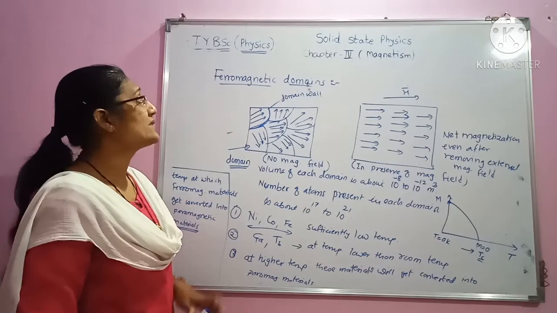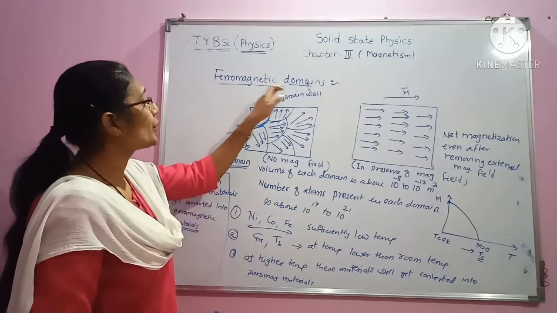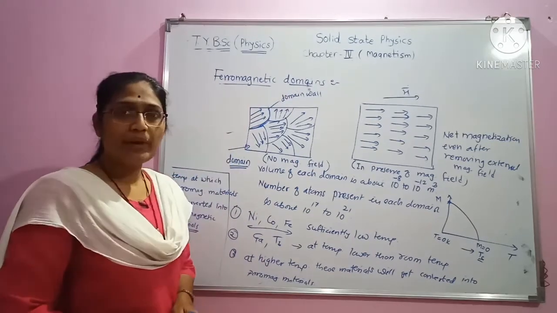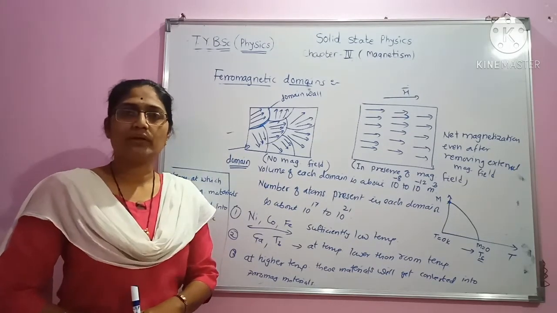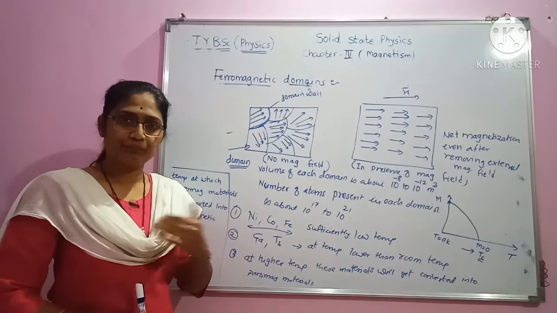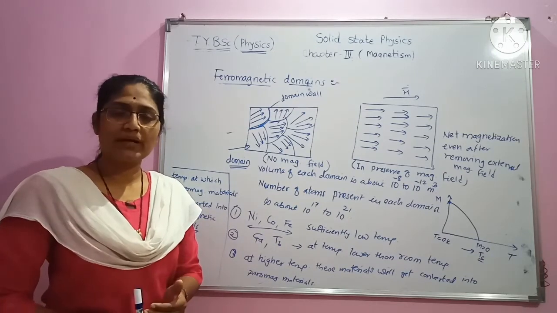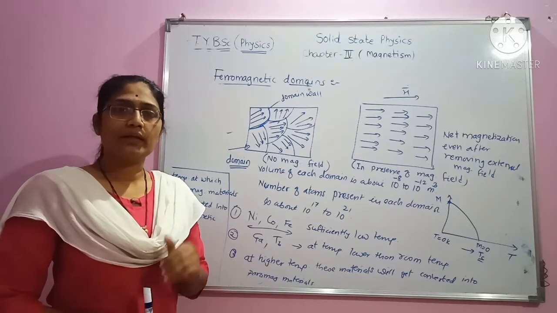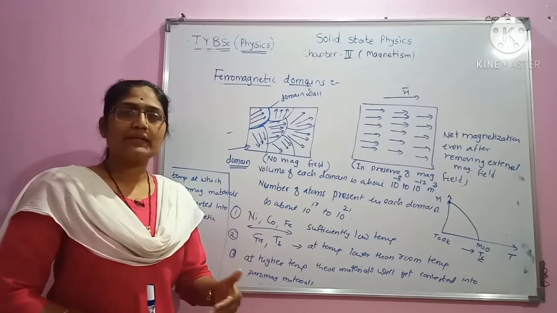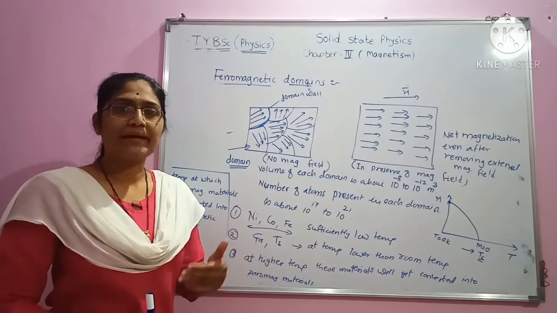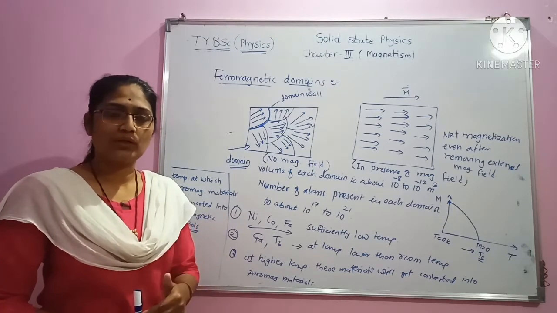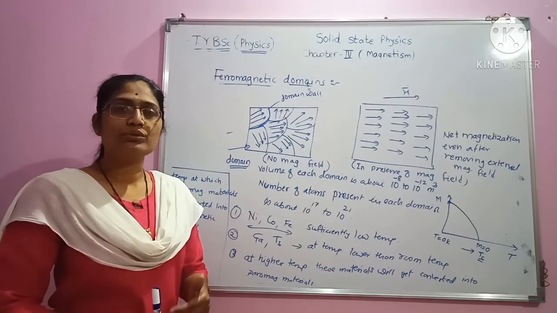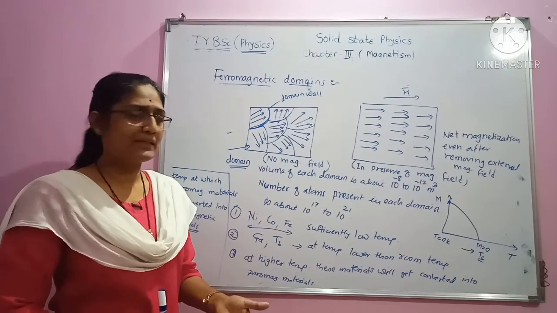So, let's revise what are domains in case of ferromagnetic materials. So, ferromagnetic materials are the materials which, if we apply external magnetic field to them, then they will get magnetized in the direction of applied magnetic field, and even after removing the external magnetic field they will not lose their magnetization.